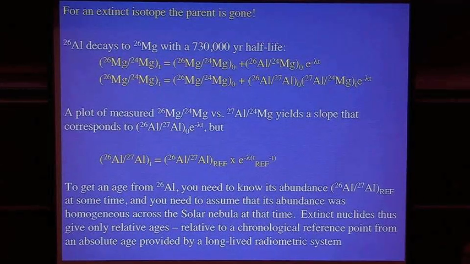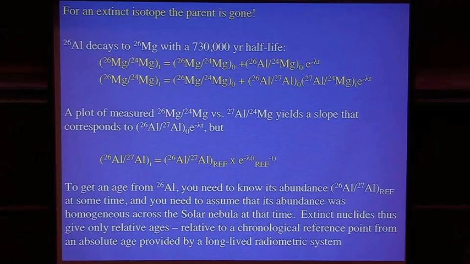So one of the issues, if this is being injected by a supernova and wasn't adequately mixed in, then this ratio may change, but it doesn't change because of time. It changes because of position in the nebula, or percentage of the supernova component, if you will. So both of those assumptions have to be checked. And they are checked quite routinely, and I'll show you some examples of how all that works out.